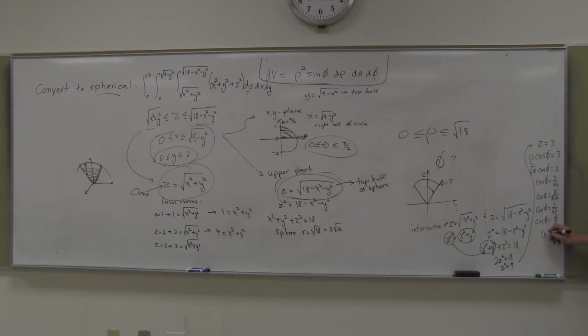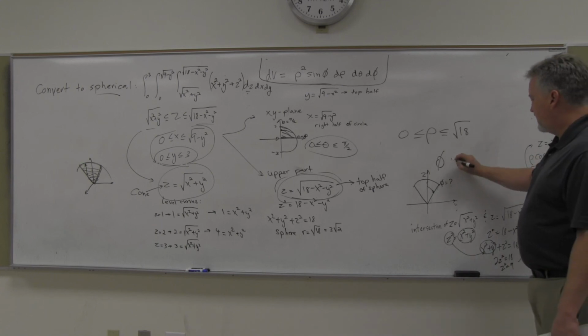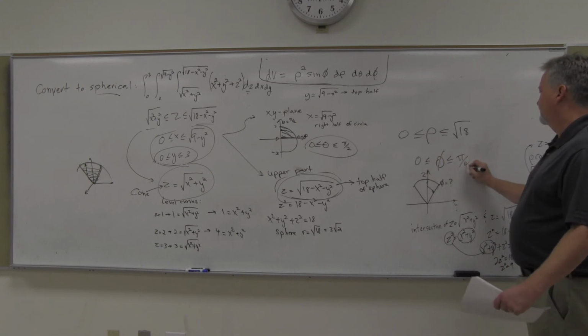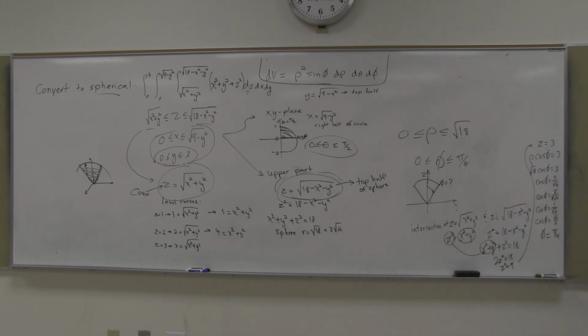So what's phi? It's pi over 4, isn't it? So phi is going to range from 0 to pi over 4. That's just to get the limits.